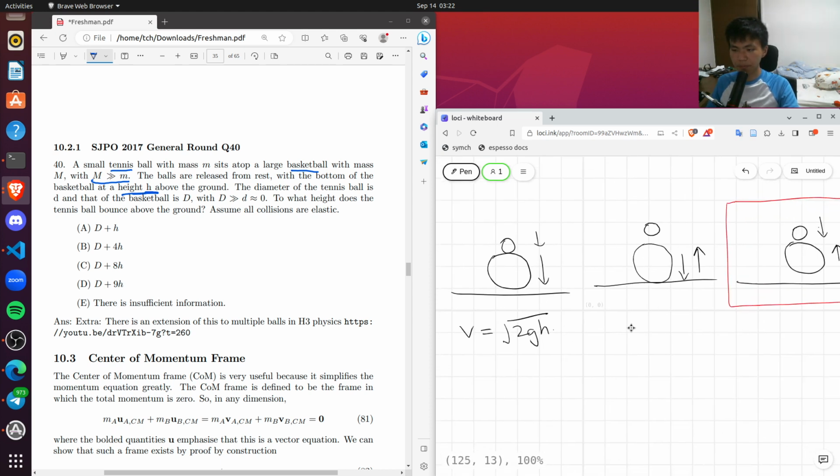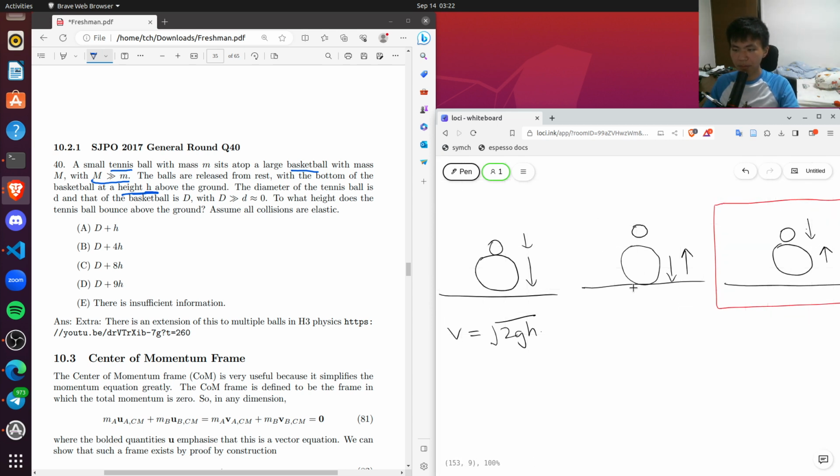Now the third thing that happens is that the basketball is initially coming down with velocity v, and after it bounces, because this collision is elastic and because the ground doesn't move, we can think of the ground as an infinitely massive object. The momentum of the basketball technically is transferred to the ground, but because the ground is infinitely massive, it gains zero velocity.